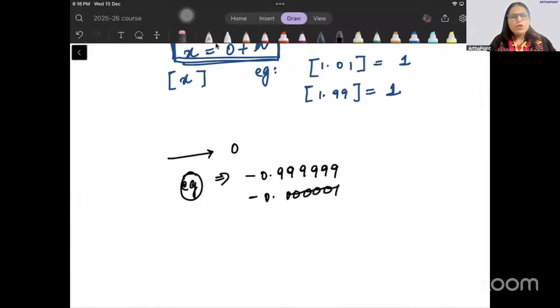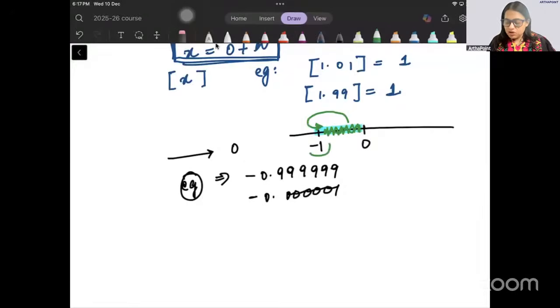So I am between 0 and -1, and whenever any value is here, I'll jump to the closest integer possible that is smaller than that number. So I will jump to -1. All of these will go towards -1.